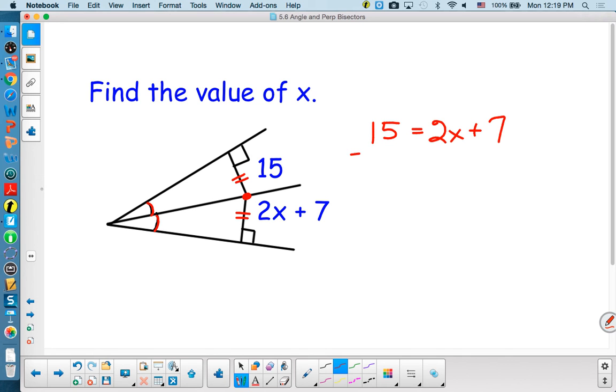Subtract 7. Divide by 2. Lots of 4s today. X is 4. Now just to make sure it calculated right, 2 times 4 is 8 plus 7. That does come out to be 15.